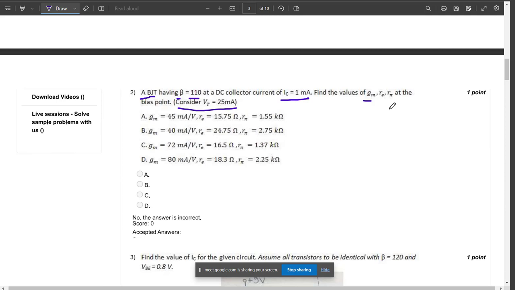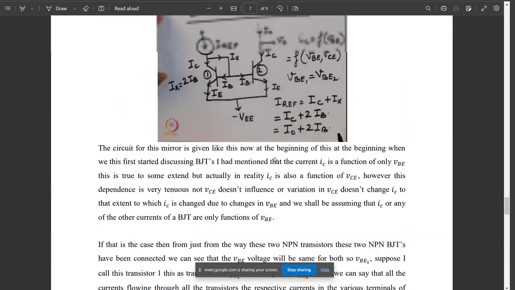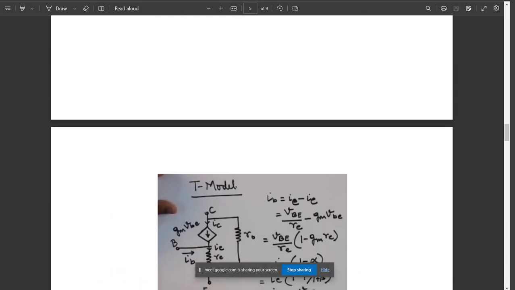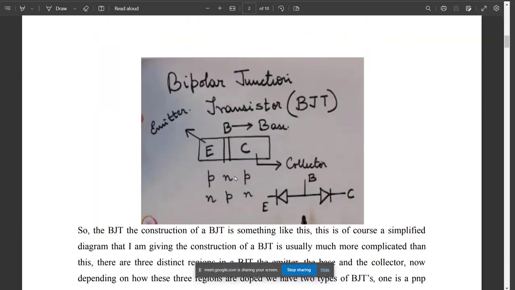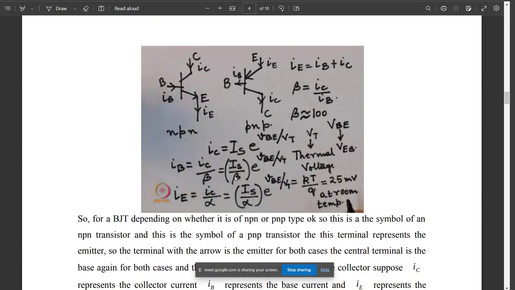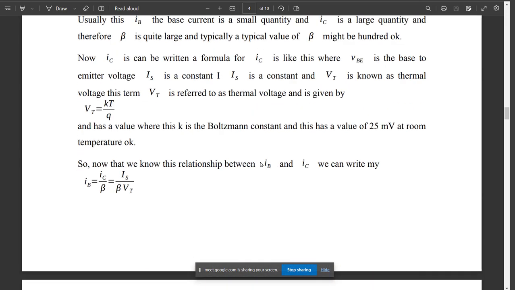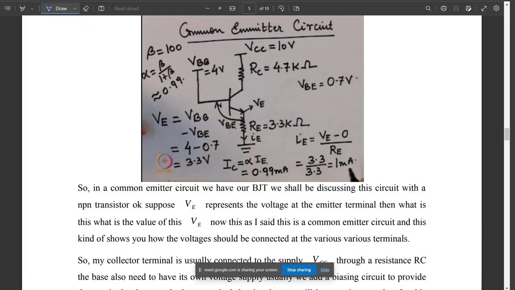Okay, so here remember in lecture number 40 given by sir, it's given that we can find out gm.